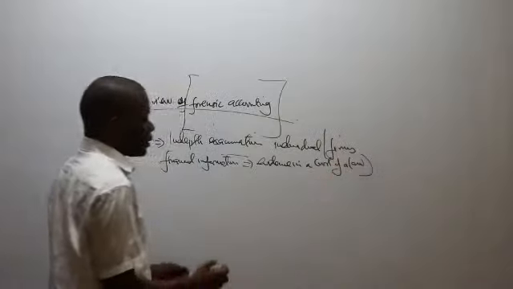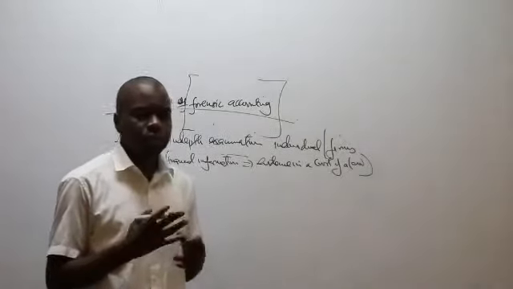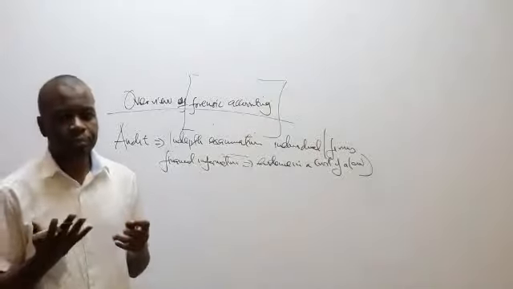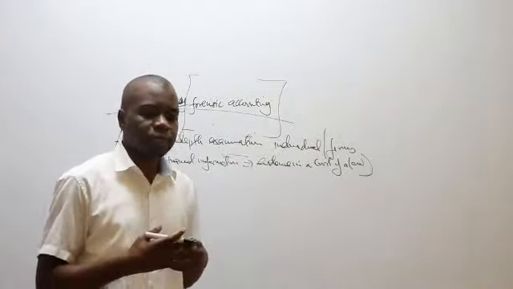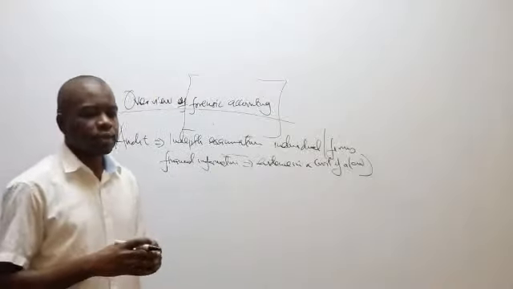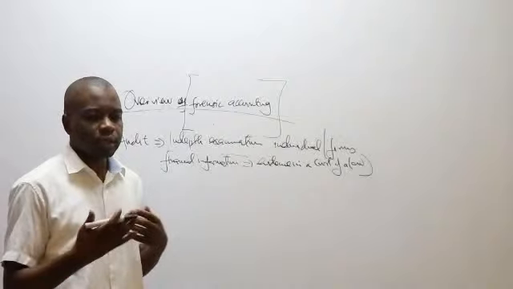What would necessitate this forensic audit is maybe something to do with a fraud. A fraud has happened in a firm, or a person has been involved in a fraud. He has maybe stolen money from the government or from a company.